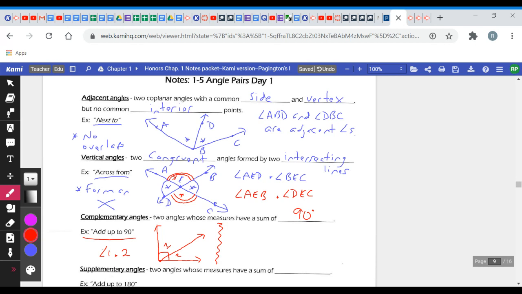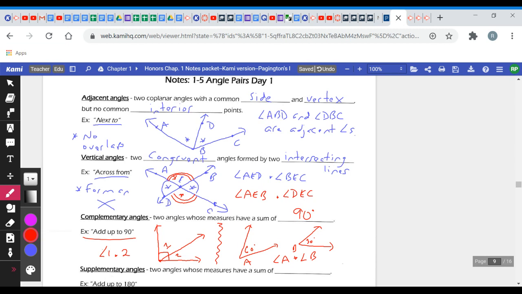Okay, but another scenario would be I could show you, say, angle A that is 60 degrees, and angle B that is 30 degrees, and I could tell you that angle A and angle B are complementary to each other because they add up to 90, because I know that 60 plus 30 equals 90.